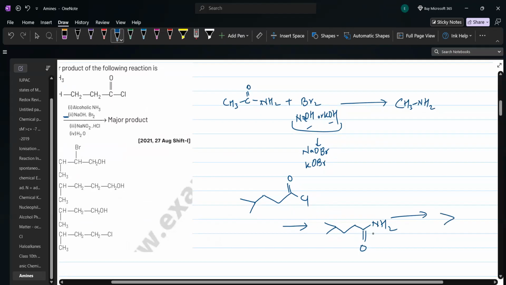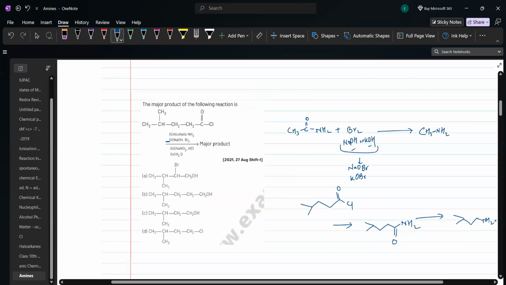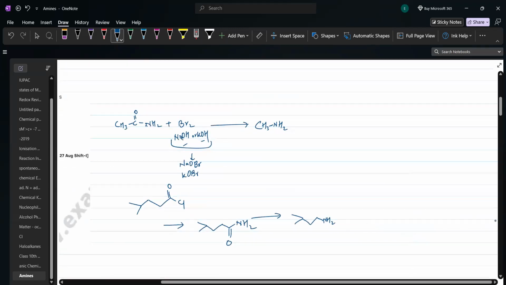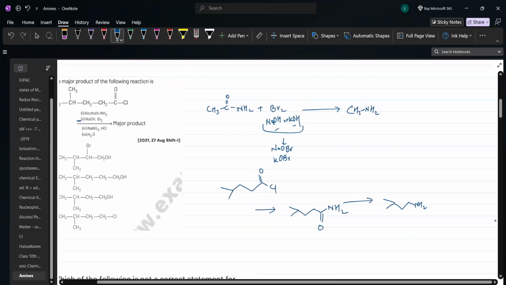Understood? So 5 carbons are there, so we will form only 4 carbons, 1, 2, 3, 4, and NH2 is attached here. So the Hoffman bromide degradation reaction is done. And finally we are using H2O, so a nucleophilic reaction will take place, and OH will be there.